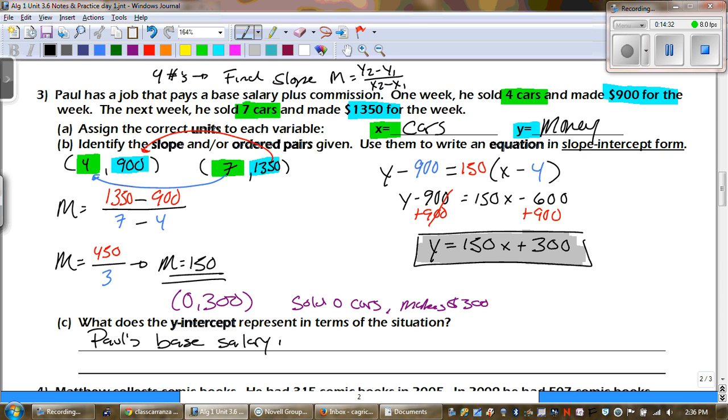Okay, guys, if you don't know what the word commission is, we had a discussion about this in class. Commission is when the more things you sell, the more money you get. Okay, car dealers are like that. Some stores where you're buying clothes, the more things they sell you, the more money they get. Okay, and that's called commission. But if you sell nothing, you still get a base, okay? So Paul's base salary is $300.